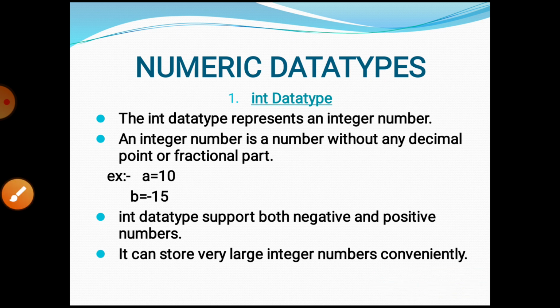Here is the example: a is a variable and we are assigning the value 10. So 10 is an integer value. One more variable is b equal to minus 15, a negative value. Int data types support both negative and positive numbers. It can store very large integer numbers conveniently.